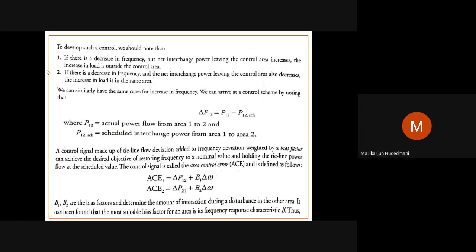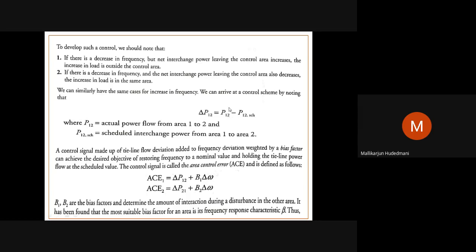Then let us look into the observation. We can similarly have the same cases for an increase in frequency. This we have seen for a decrease of frequency. It may be an increase of frequency also. We can arrive at a control scheme by noting that the exchange of power among the areas, delta P12, an infinitesimally small exchange of power between 1 and 2, is P12 minus P12 schedule.